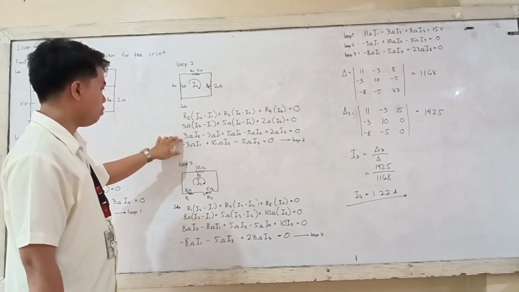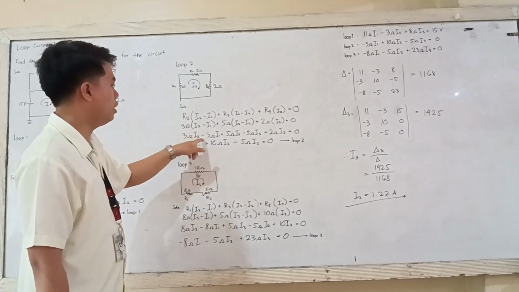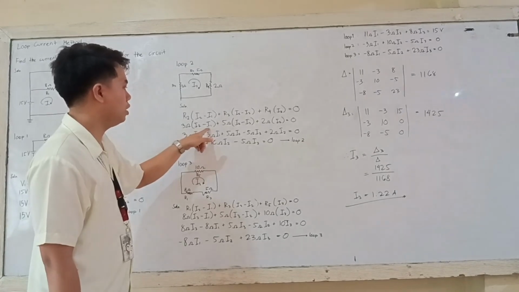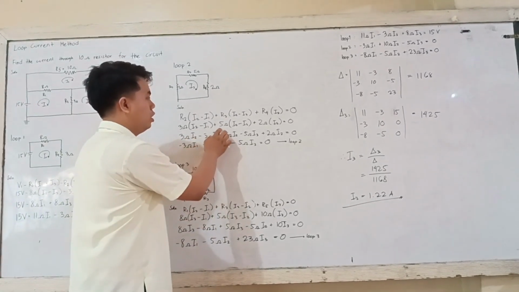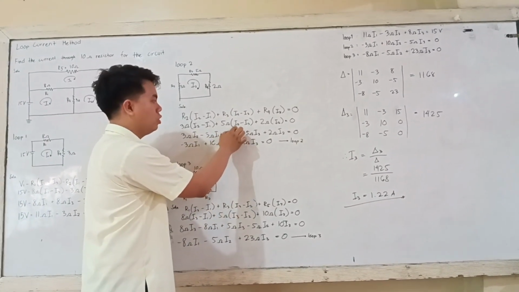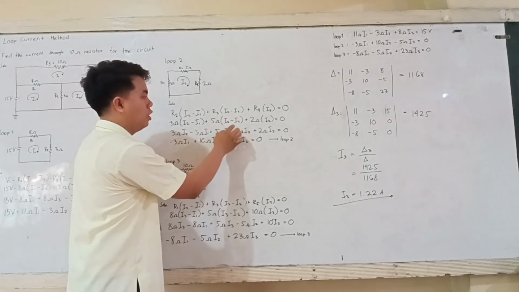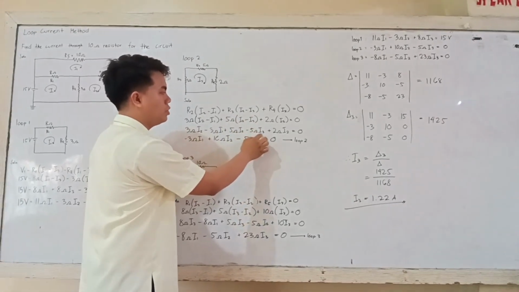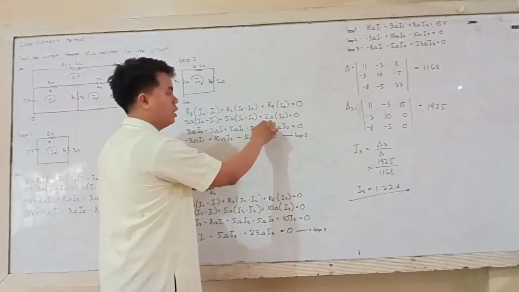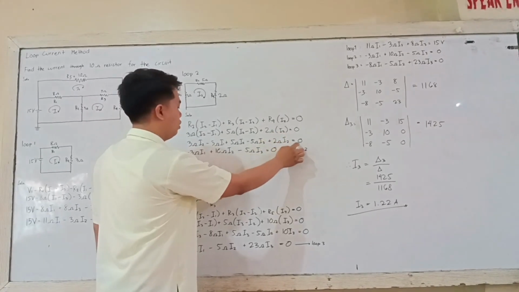So 3 ohms I2 minus 3 ohms I1 plus 5 ohms I2 and then minus 5 ohms I3 plus 2 ohms I2 is equal to 0.